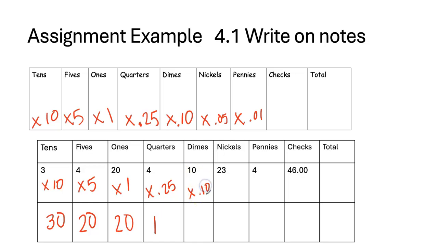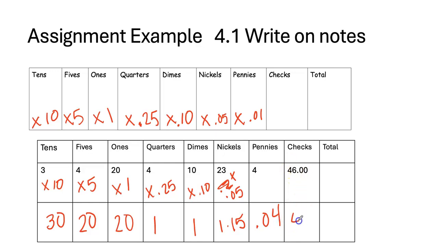And if I put that in the calculator, it's actually $1. I have 23 nickels. So I'm going to multiply that by 0.05. So if I take 23, I get $1.15. And I have 4 pennies, it's 0.04.